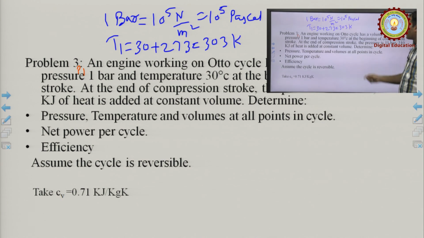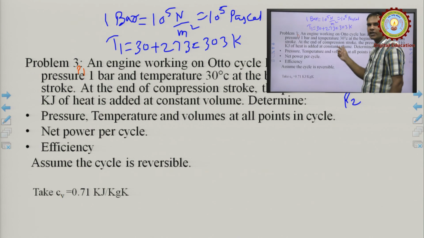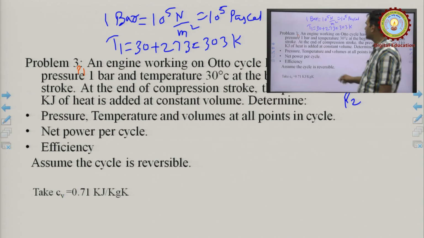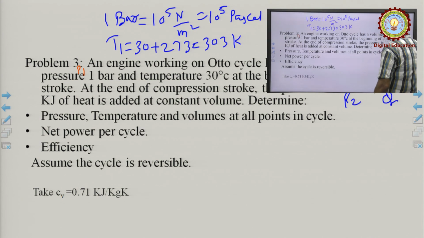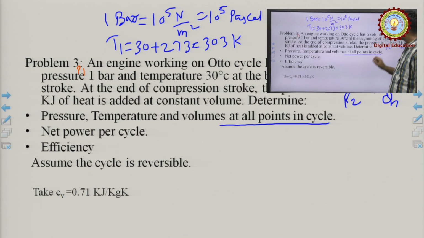So at the end of compression stroke the pressure is 11 bar, that is P2, and 200 kilojoule of heat is added at constant volume. Since we are talking about Otto cycle, heat is added at constant volume, that is Q1. Determine pressure, temperature and volumes at all points.